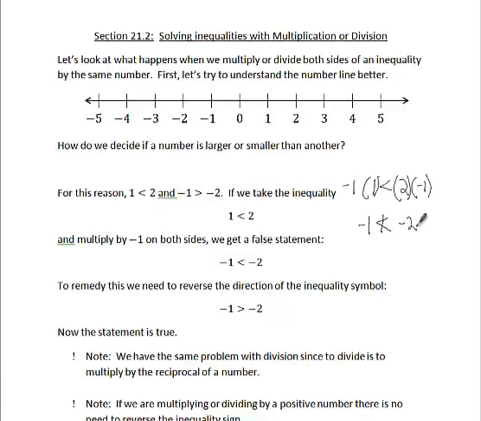And so, whenever you multiply or divide by a negative number involving an inequality, then what you have to do to maintain the truthfulness of the inequality is reorient the direction of the inequality symbol. So in this case, it opened up towards the right. Multiplying by a negative number on both sides would cause me in the next line to have to open the inequality up towards the left.